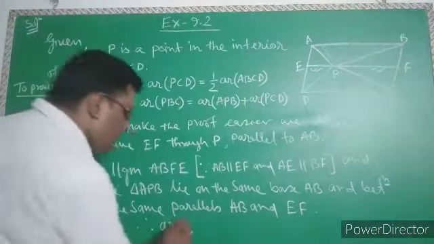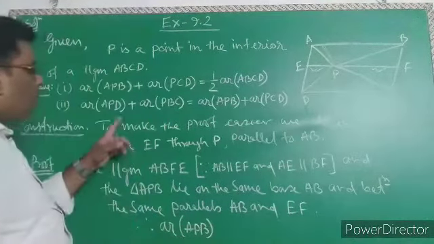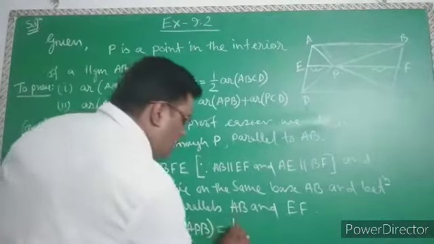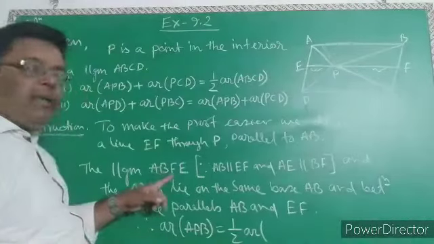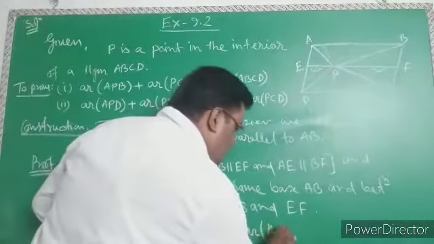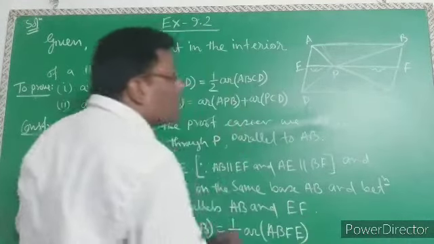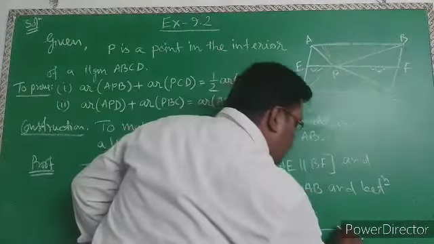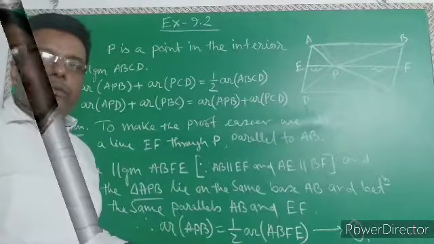So area of triangle APB is equal to half area of ABFE. So give it equation number 1.